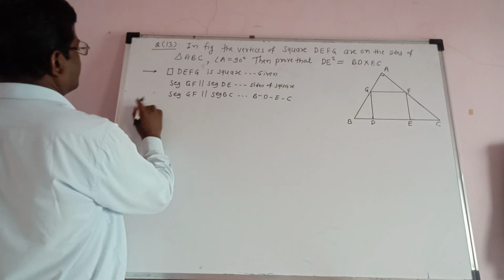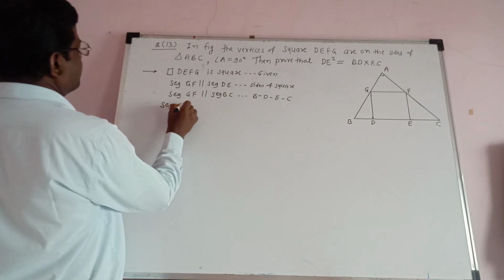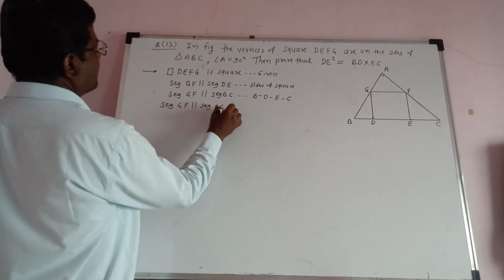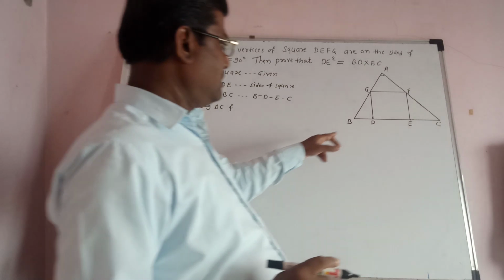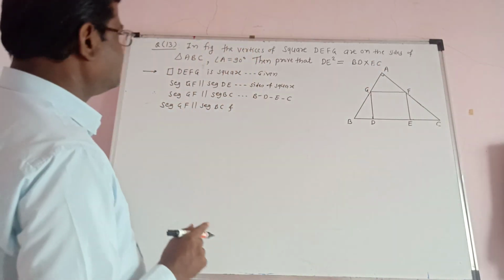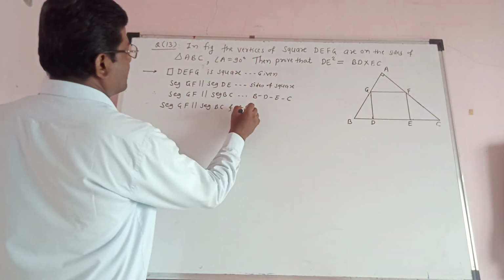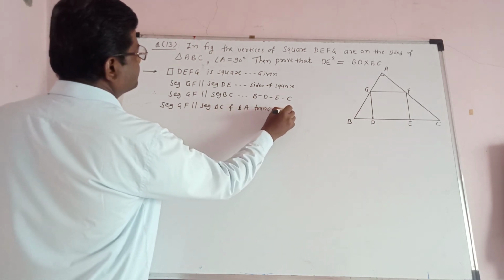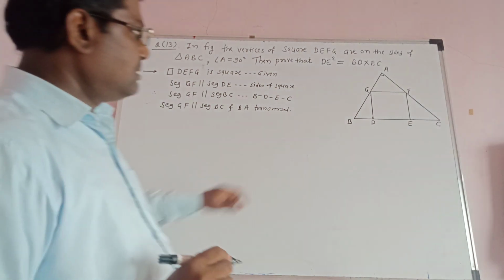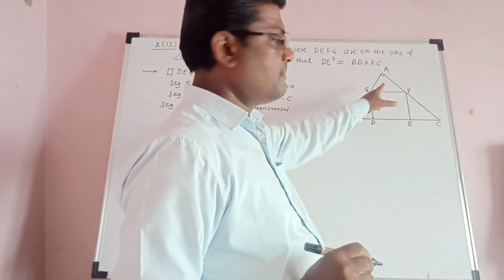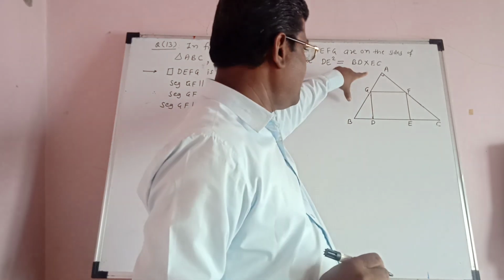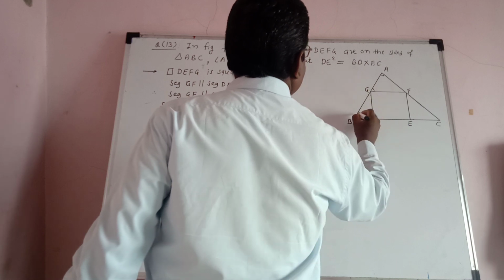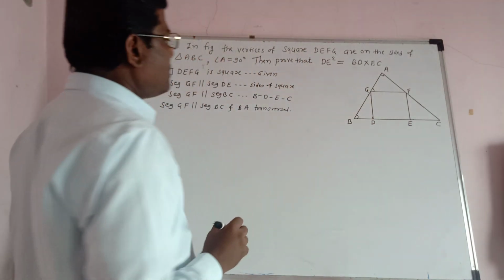Now segment GF is parallel to segment BC and BA is a transversal. Therefore, these two angles are corresponding angles.